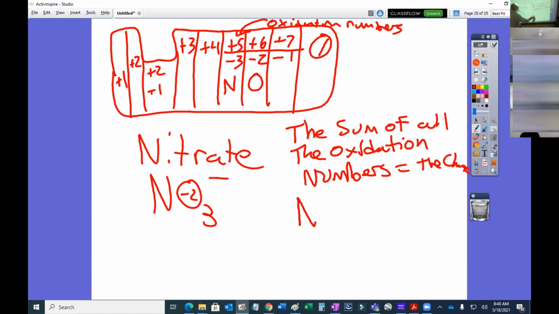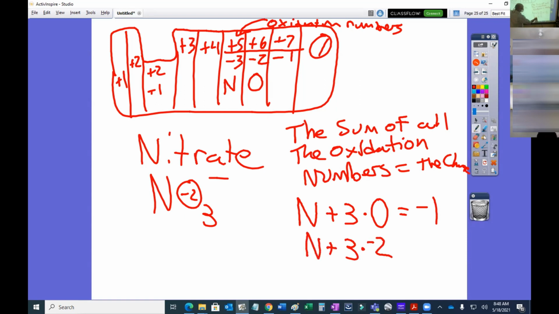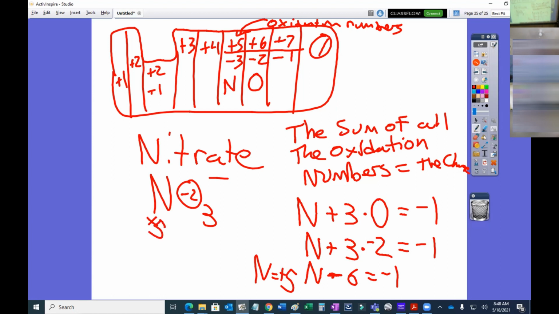So nitrogen plus 3 times oxygen, there's 3 oxygens, will equal -1. Oxygen being to the right will get the negative number, 3 times -2. Nitrogen plus 3 times -2 equals -1. And we'll see that nitrogen - 6 equals -1, or nitrogen equals +5. And you can see that nitrogen, when it's in the nitrate version, on the left side, is going to be +5 oxidation number. You need to know this statement. That's a very important statement.